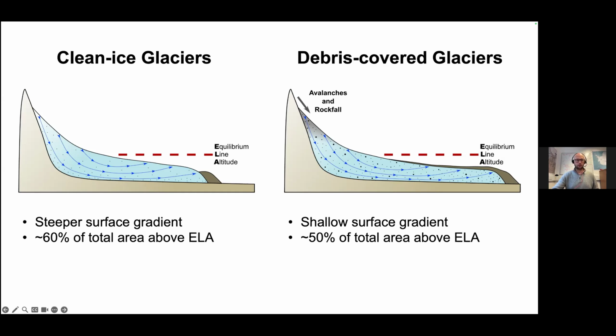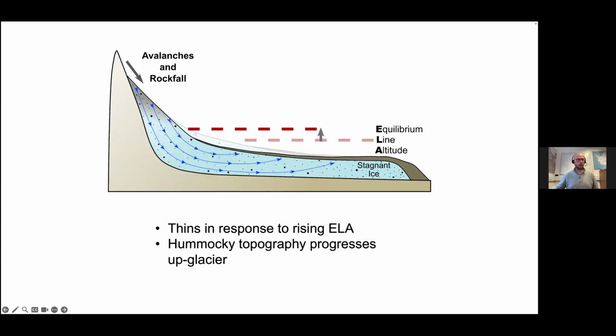And then as the ELA rises, this debris that's within the ice starts to emerge at a higher and higher elevation, and this decreases the gradient even further on the lower portion of the glacier below the ELA, and they get this hummocky topography that develops. And that's going to be the focus of my talk here: how this hummocky topography develops.